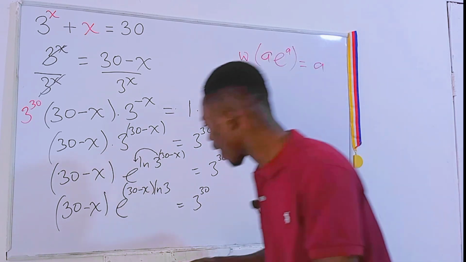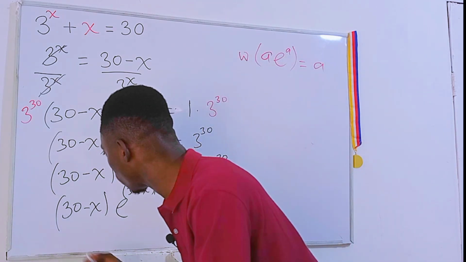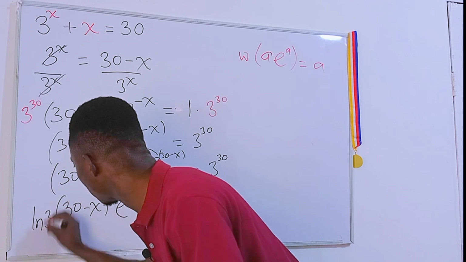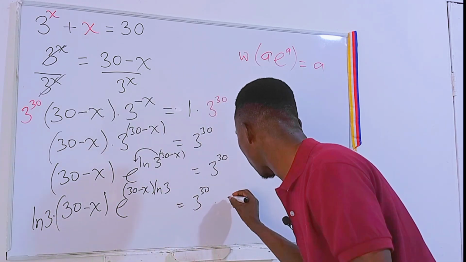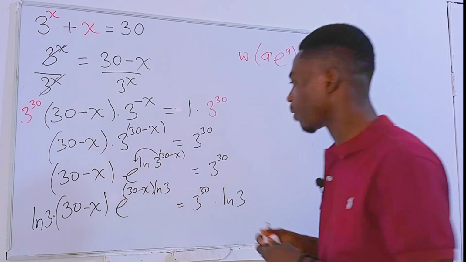That is great. Let's go ahead and multiply each side of the equation by ln of 3, just like that. Then here we have ln of 3.